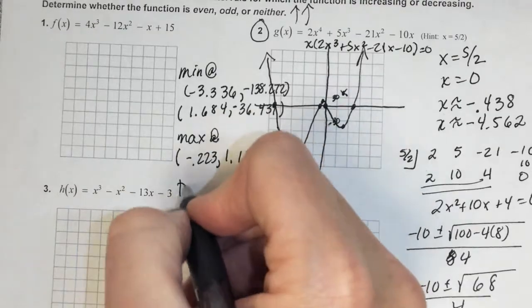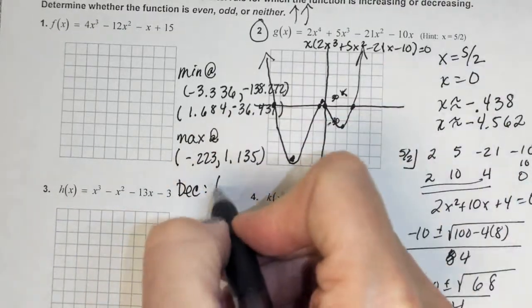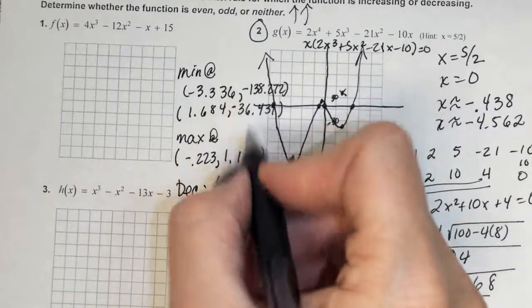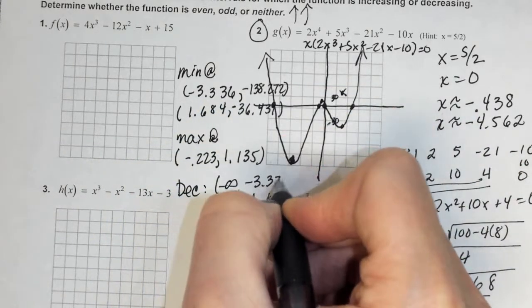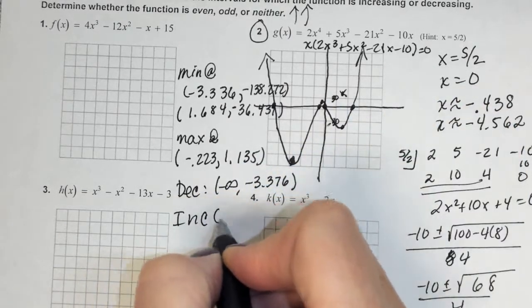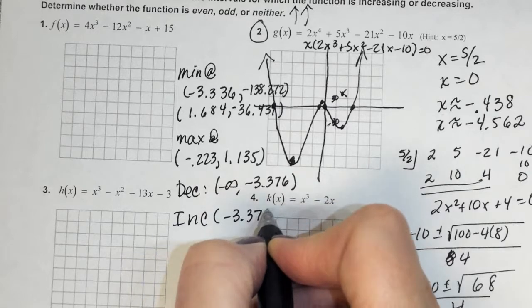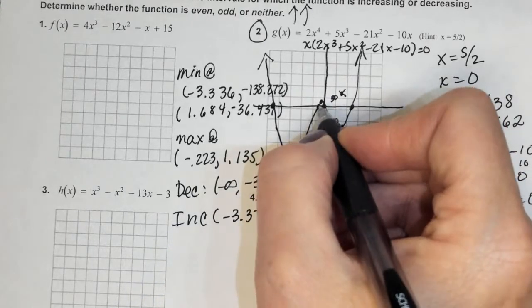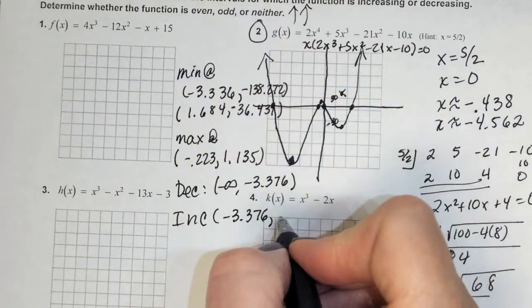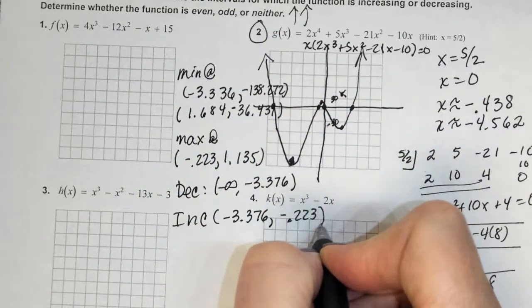Well, I would have to say the function is decreasing from negative infinity to this x-coordinate, which is negative 3.376. My function is increasing between negative 3.376 and this x-coordinate, which was negative 0.223.